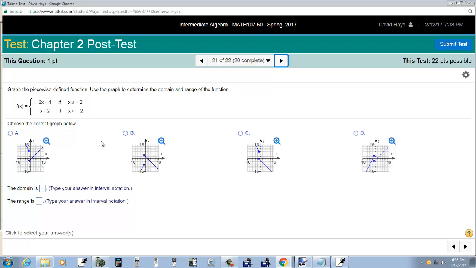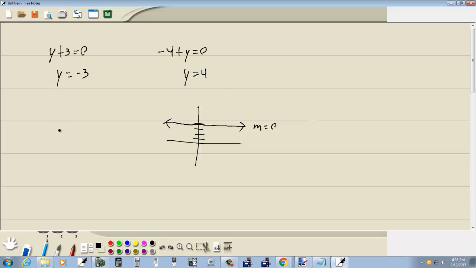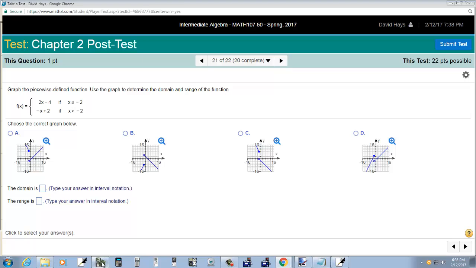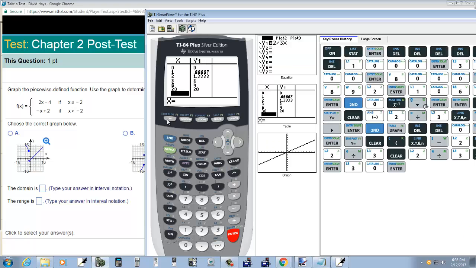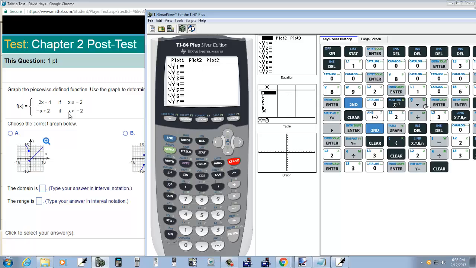Moment of truth will be coming up here pretty soon. Now we're going to graph these. Go back to y equals, clear. Now 2x minus 4, I'm going to put parentheses around it. So parentheses 2x minus 4, closing parentheses, then beginning parentheses, and I'll put my condition. x is less than or equal to negative 2.